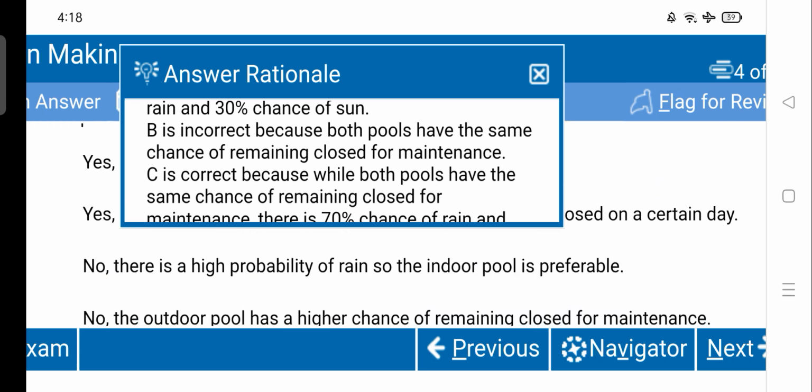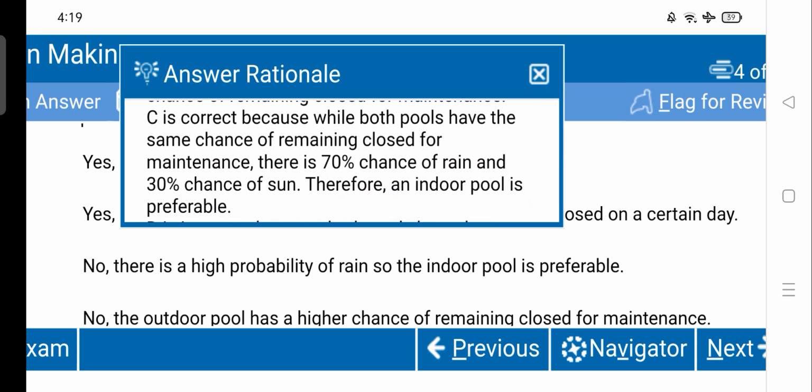C is correct because while both pools have the same chance of remaining closed for maintenance, there is 70% chance of rain and 30% chance of sun. Therefore, an indoor pool is preferable.